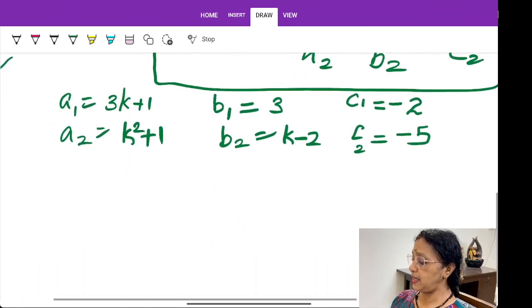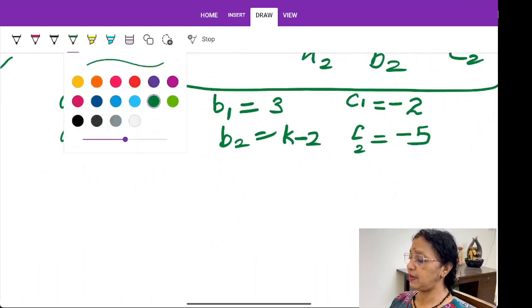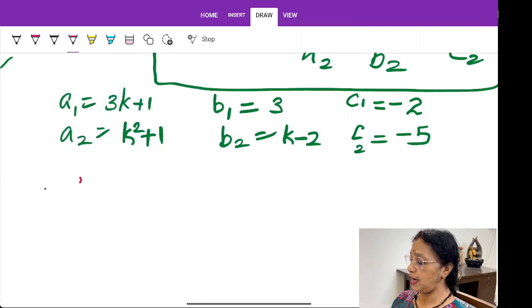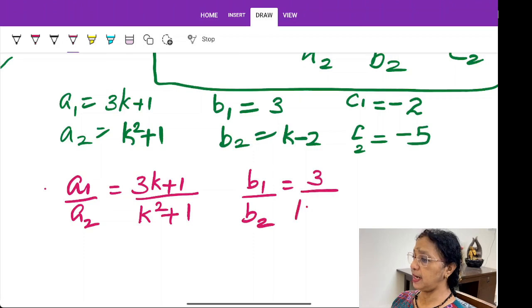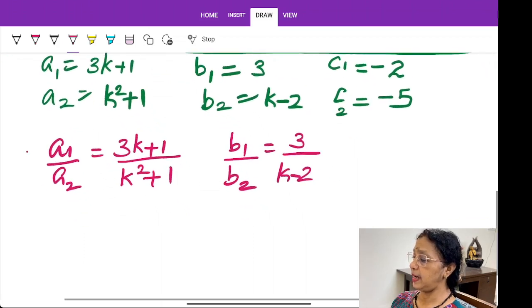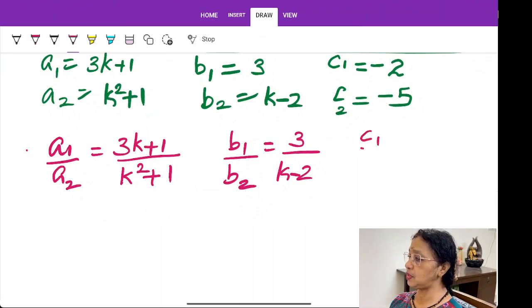Let us find a1 by a2, b1 by b2 and c1 by c2. a1 by a2 is equal to 3k plus 1 divided by k square plus 1. b1 by b2 is equal to 3 divided by k minus 2, and c1 by c2 is minus 2 by minus 5.